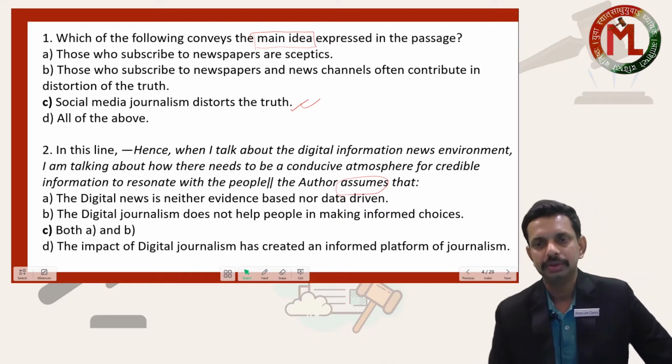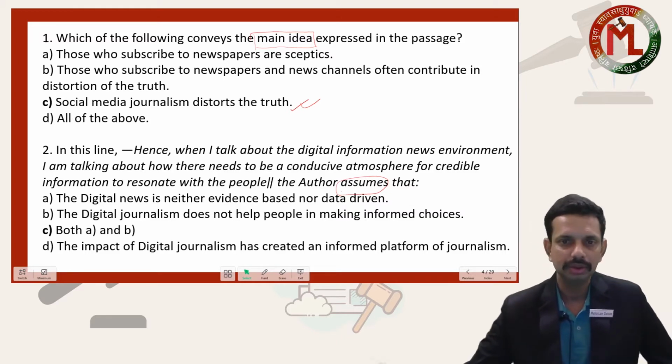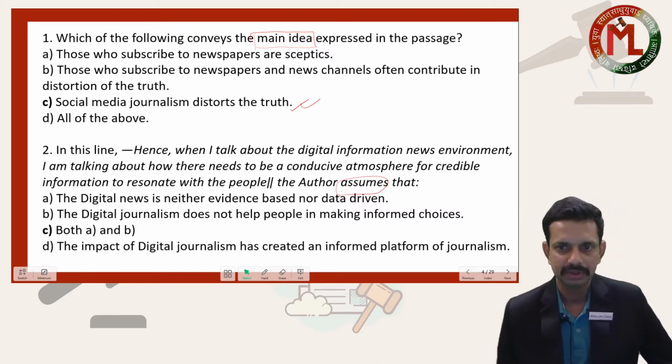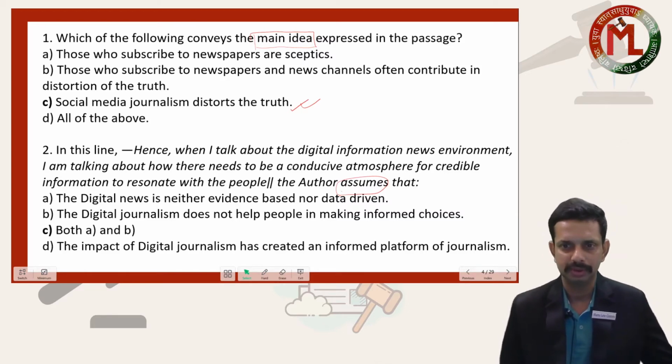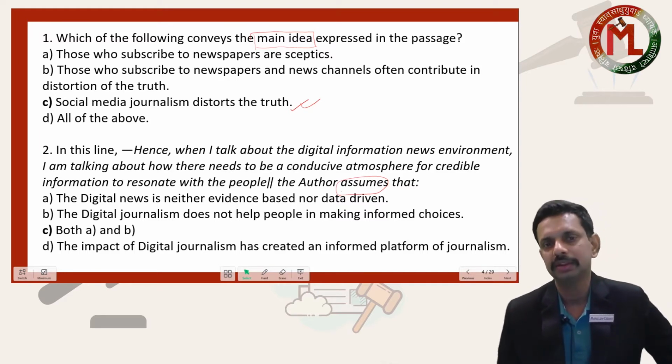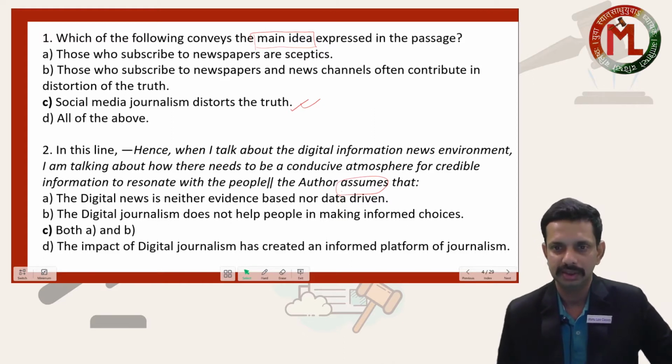The author is not following the facts, but the author assumes that the digital news is neither evidence-based nor data driven. The author is just looking at a few articles or a few news items, and on the basis of that the author assumes that the digital news is neither evidence-based nor data-based.